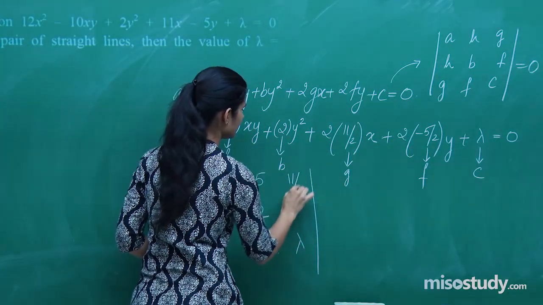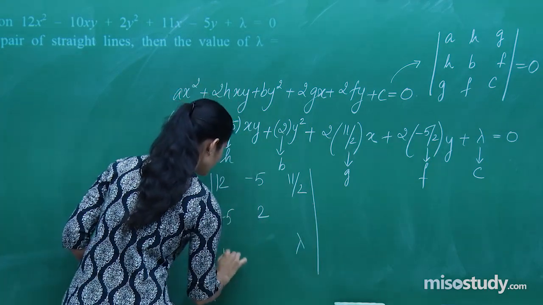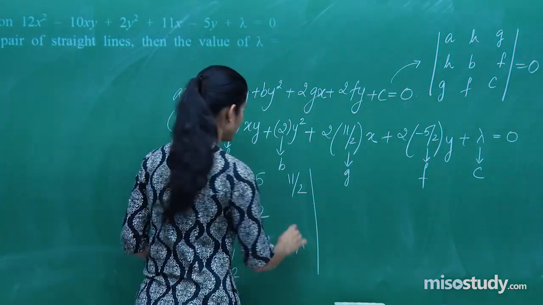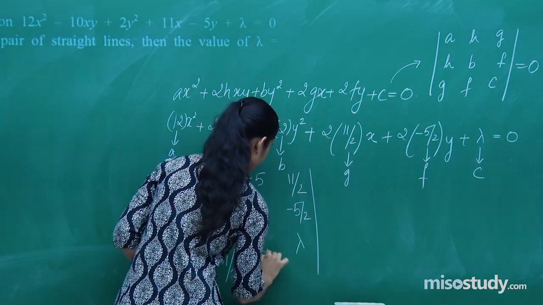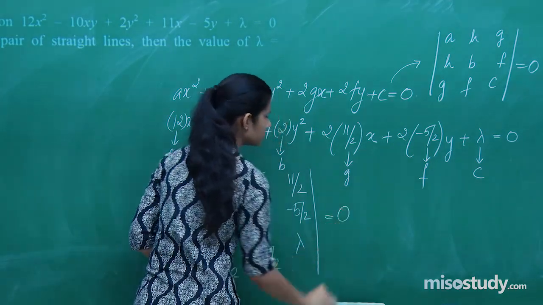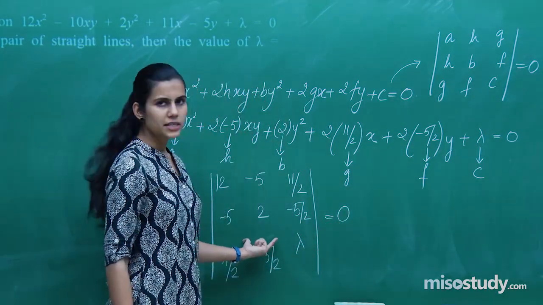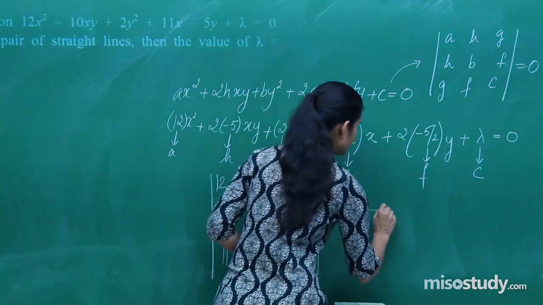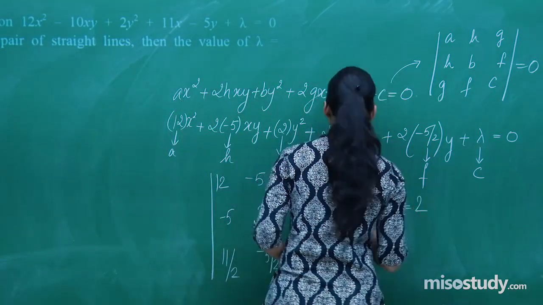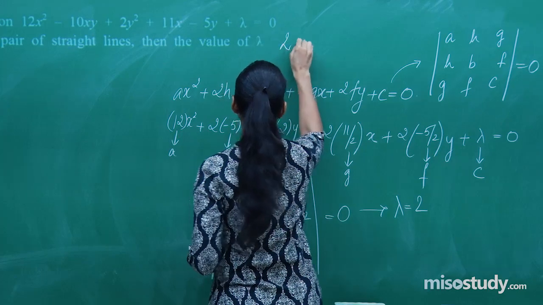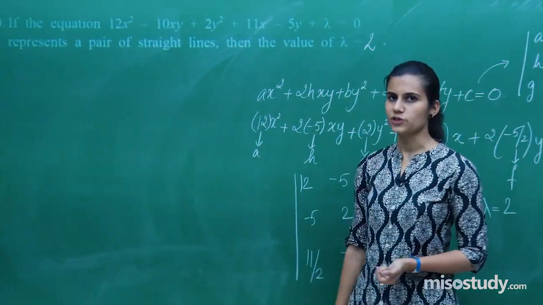G is what? Again minus 5, 11 by 2. And F over here. When you resolve this determinant, which is a very easy task, you basically get lambda equals 2. So the integer associated to this question is 2.